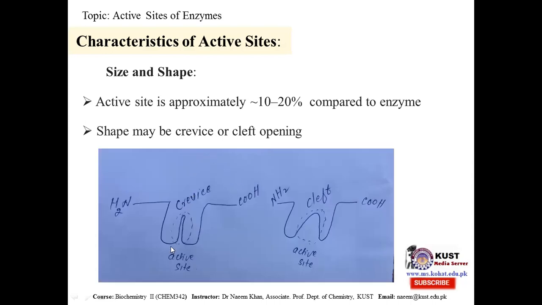A crevice is a small crack like this, where the substrate will enter, and then interaction and catalysis will take place. Or it may be in the form of a large opening, a cleft, so the substrate will come close together and a chemical reaction will be catalyzed.